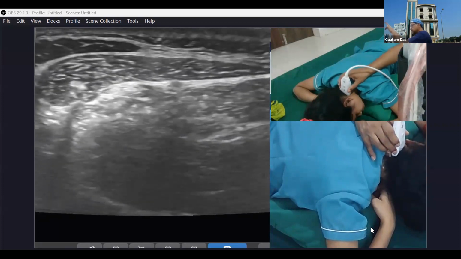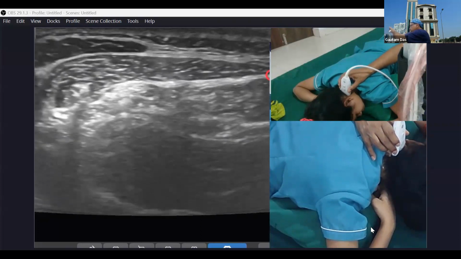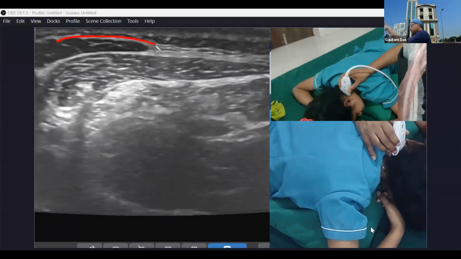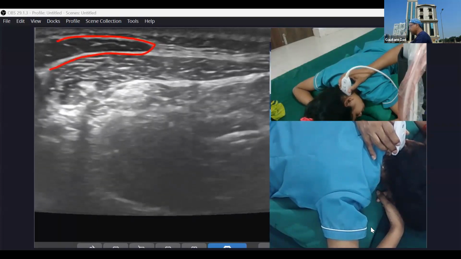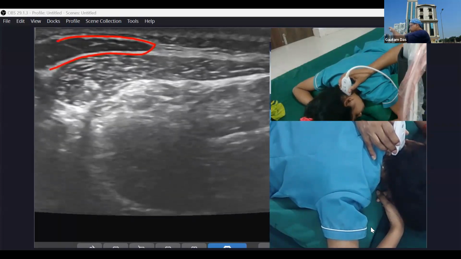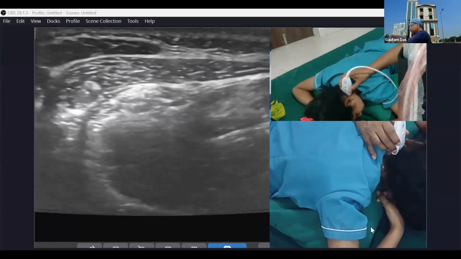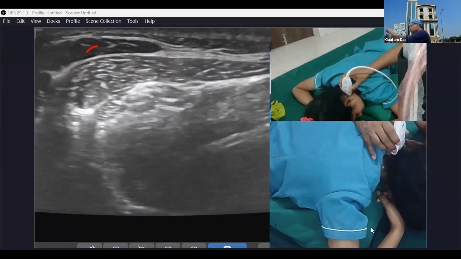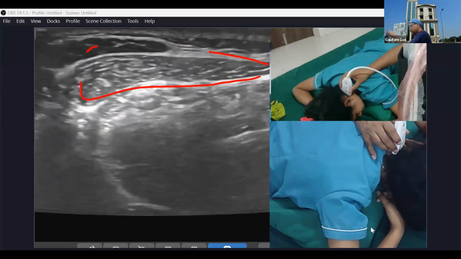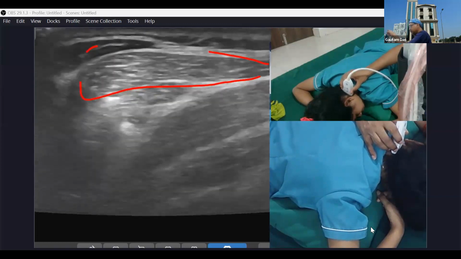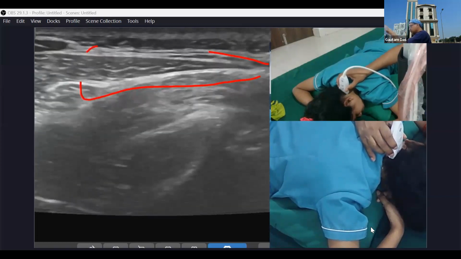So this muscle is your, sorry, the sternocleidomastoid. This was your semispinalis capitis. No, sorry, this is the splenius capitis.